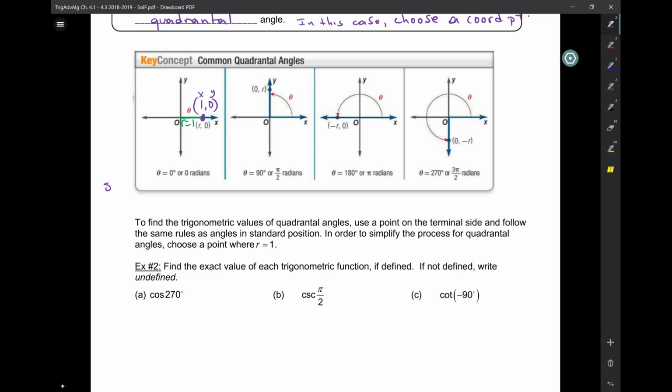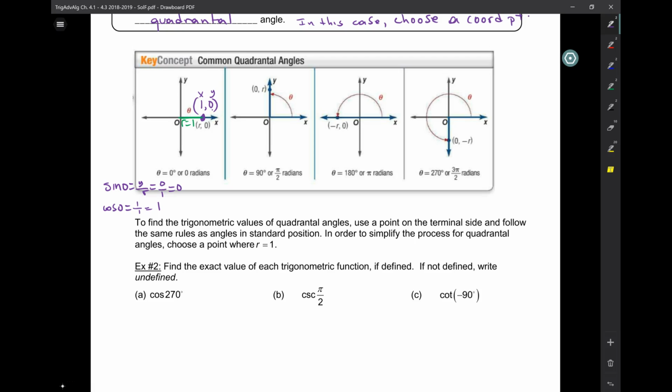If I wanted to find the sine of 0, it would be y over r. Y is 0 over r, 0. Okay? What would the cosine of 0 be here?